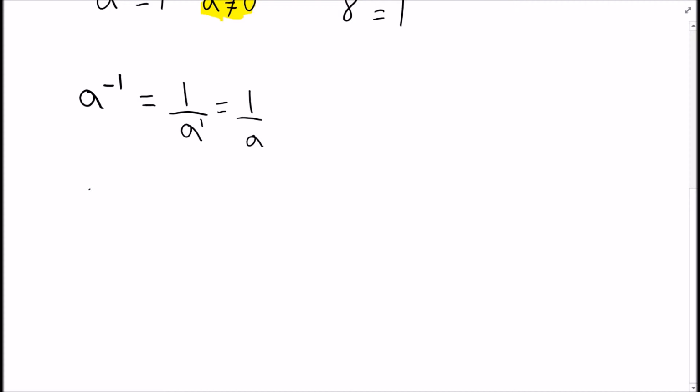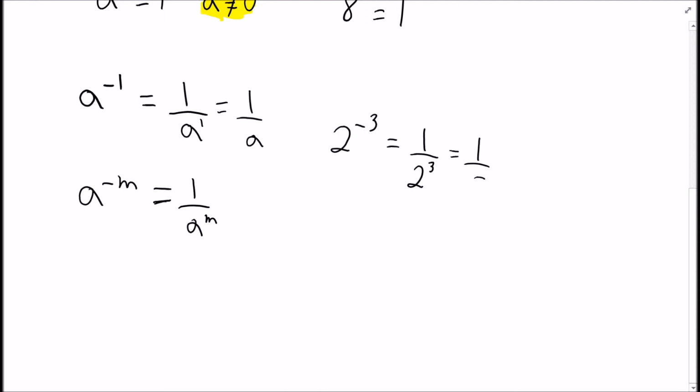So if I had a to the negative anything, then that becomes 1 over a to that power. So for example, I have 2 to the power of negative 3. That's 1 over 2 to the power of 3. And if you want to go further, you could simplify and write 1 over 8.